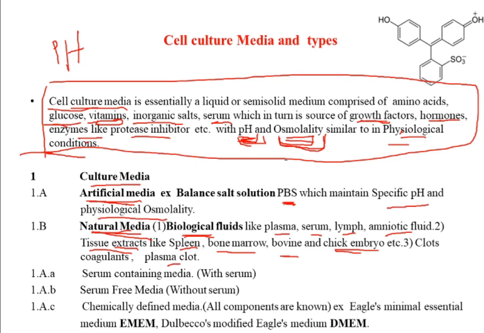So even you can maintain the cell if you take out the embryo from the egg and you just put that embryo into the buffer saline, the heart will continue to pump in buffer saline for some period of time. Basic PBS, basic phosphate buffer saline.